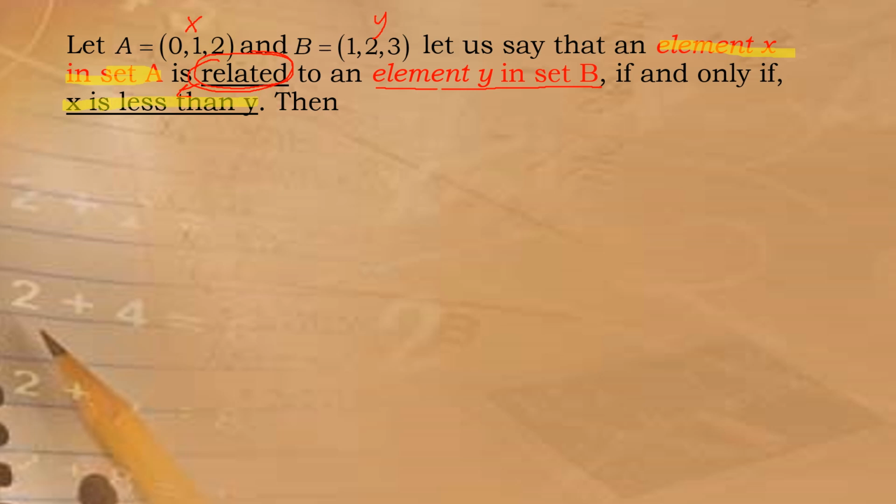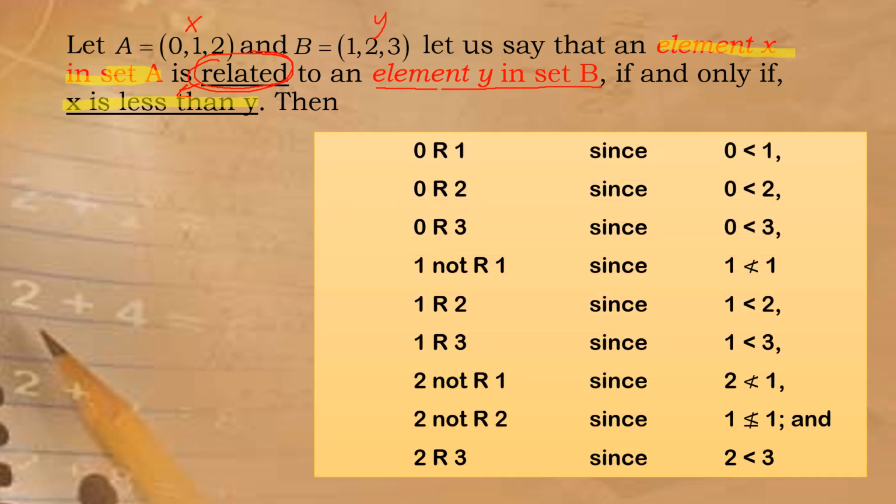So, how are we going to justify or solve it? We can write it in this way. These first numbers are the elements X in set A: 0, 1, and 2.